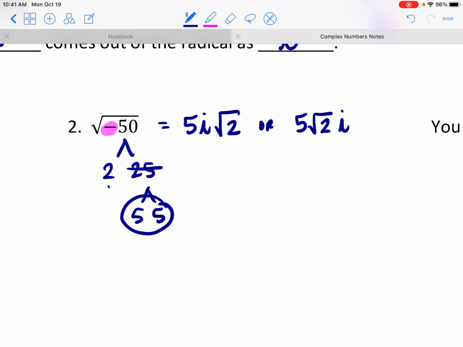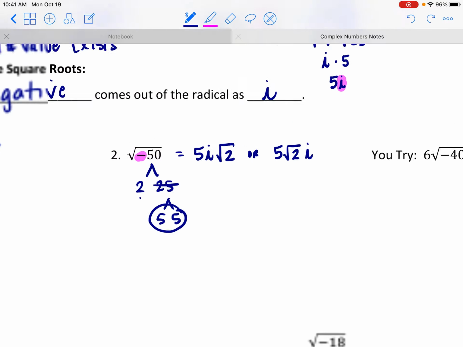As long as the i is clearly outside of the radical, it's totally okay to write the i afterward. But just so misinterpretations don't happen, I tend to stick with the first way I wrote it, but either one is technically acceptable.